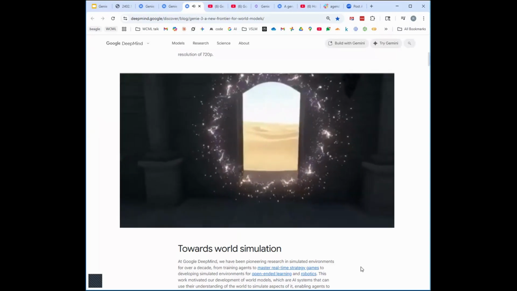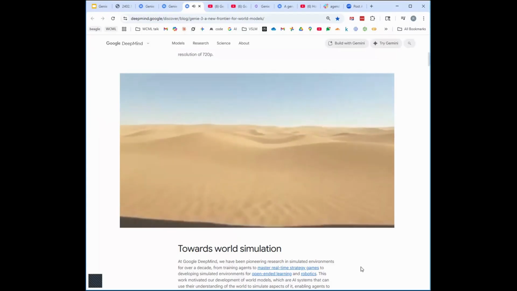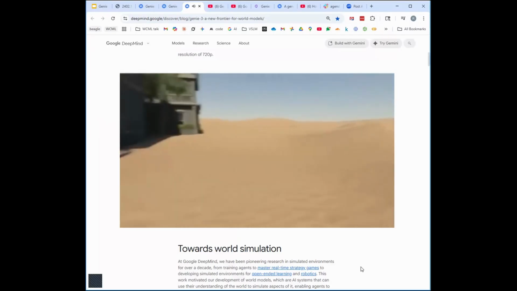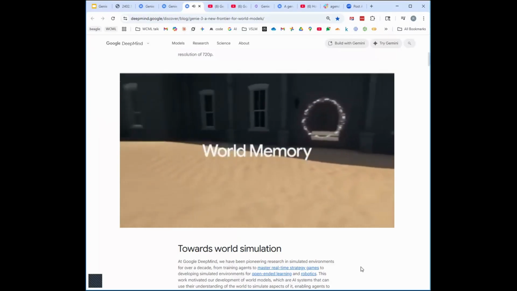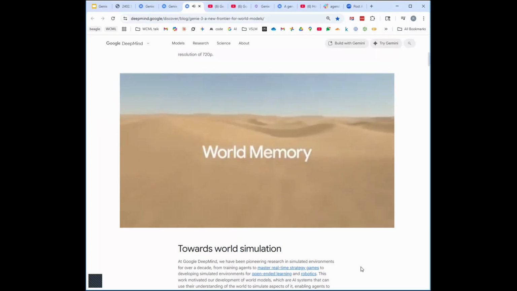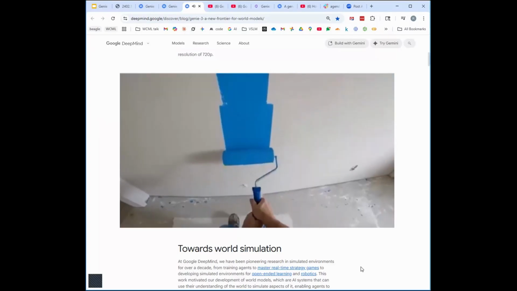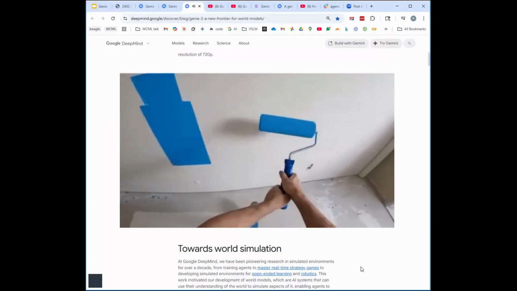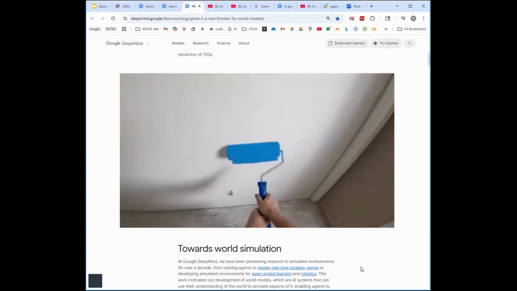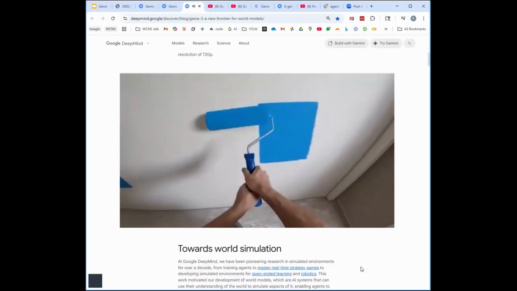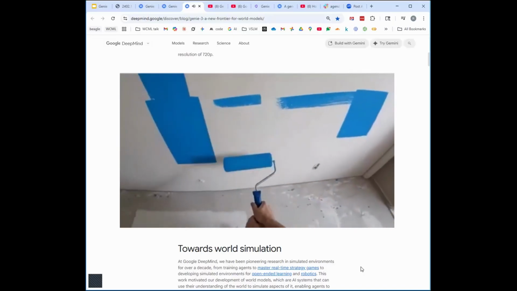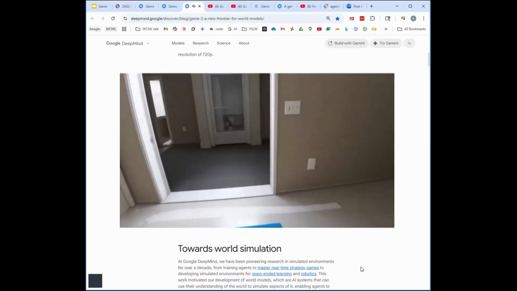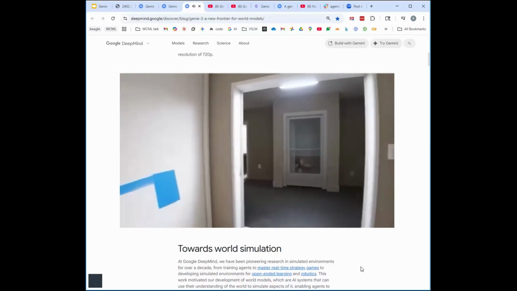You're not walking through a pre-built simulation. Everything you see here is being generated live as you explore it. And Genie 3 has world memory. That's why environments like this one stay consistent. World memory even carries over into your actions. For example, when I'm painting on this wall, my actions persist. I can look away and generate other parts of the world. But when I look back, the actions I took are still there.